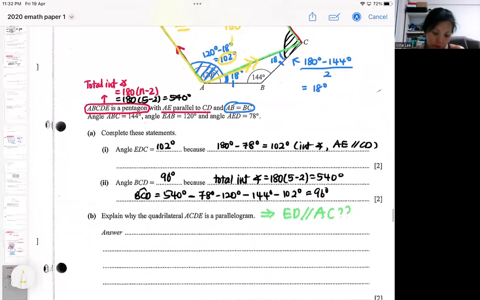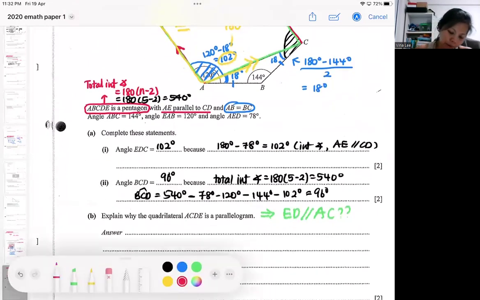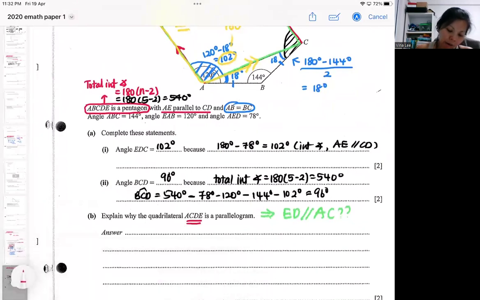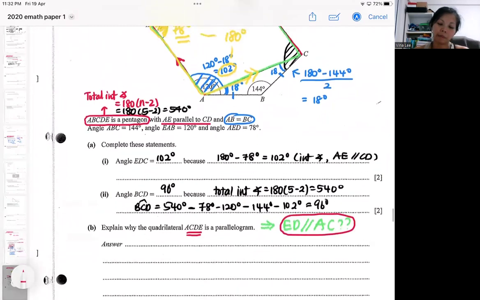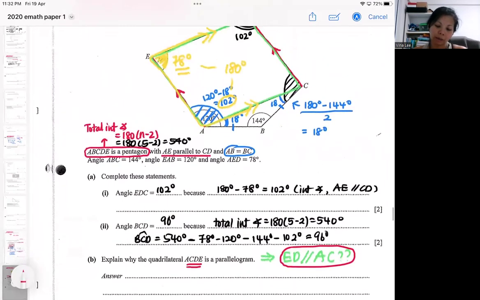Initially, the figure you are trying to prove only has one pair of parallel lines. You actually have to try to prove another pair of parallel lines. So in order to prove the other pair, I make use of whichever property. In this case, I managed to get the interior angle, and I used the isosceles triangle that I had not used. I found the 102 that can add up to the 78 to make an interior angle.